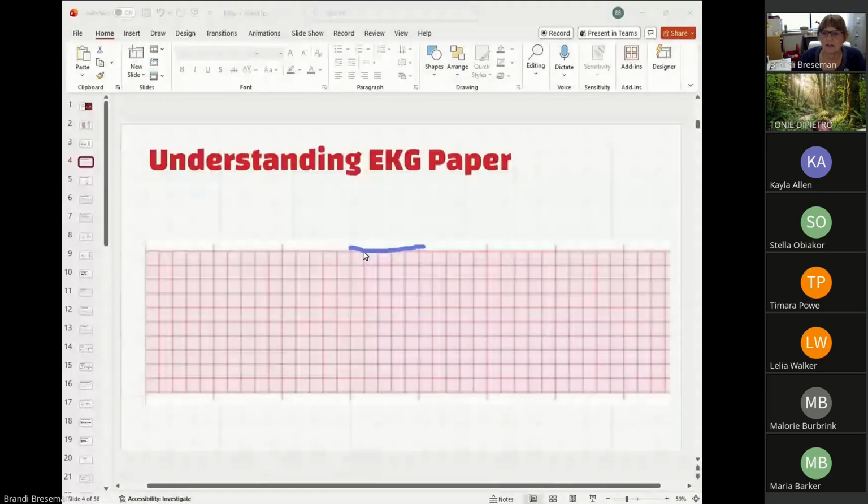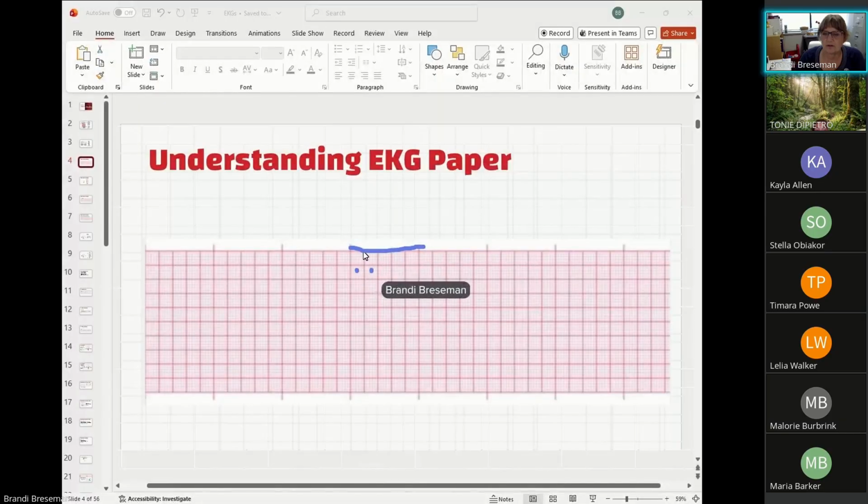And that's how you get that this is 1 second. This is your first block: 0.2, 0.4, 0.6, 0.8, and at the end of this block, we hit 1 second.